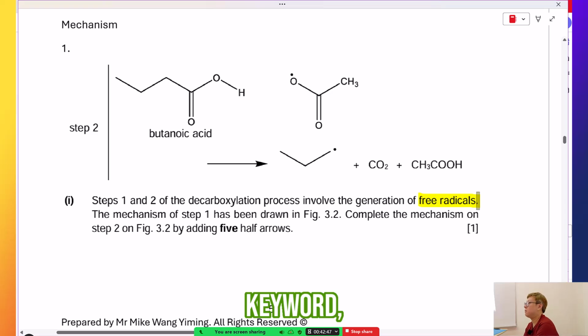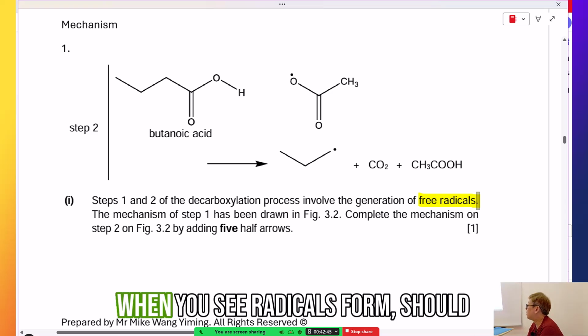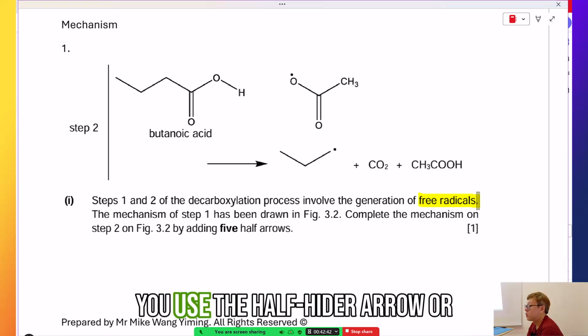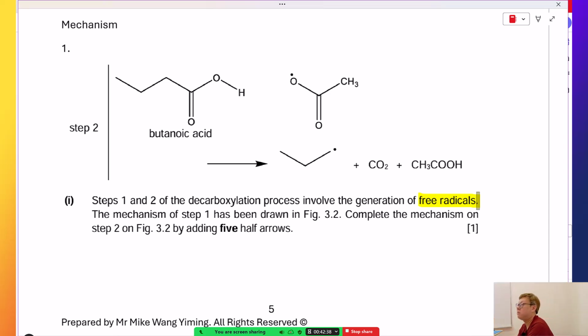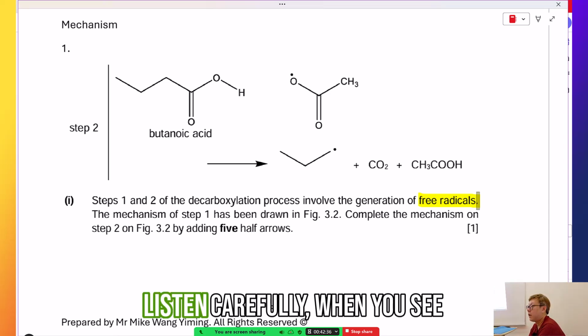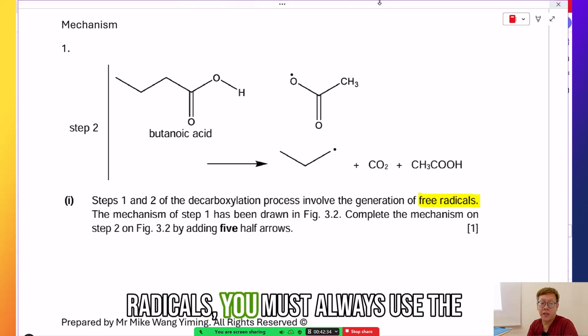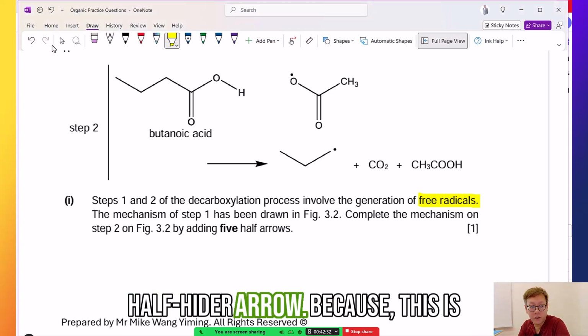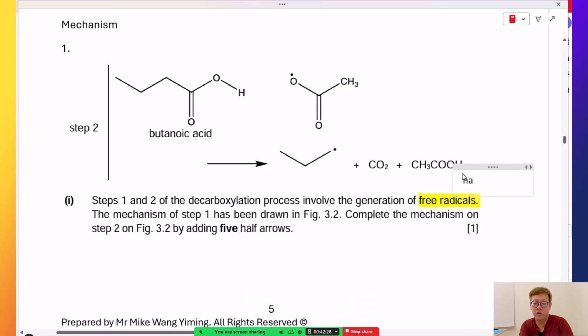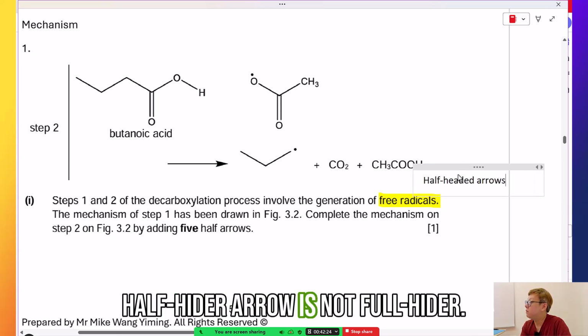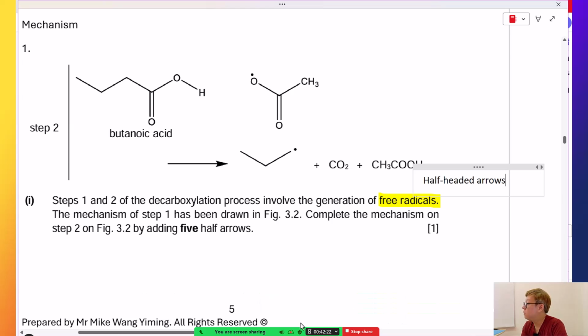Now, keyword: when you see radicals form, should you use the half-headed arrow or full-headed arrow? Listen carefully. When you see radicals, you must always use the half-headed arrow because this is movement of one electron.